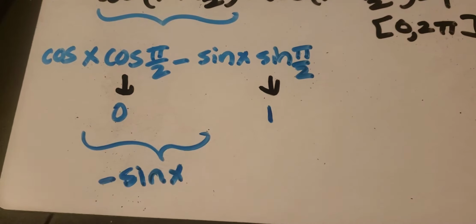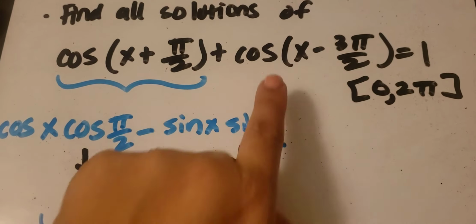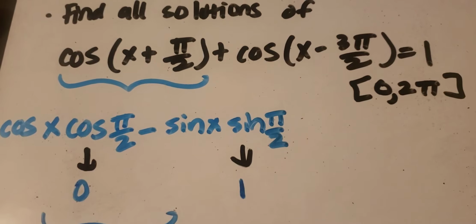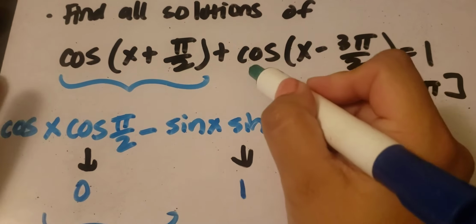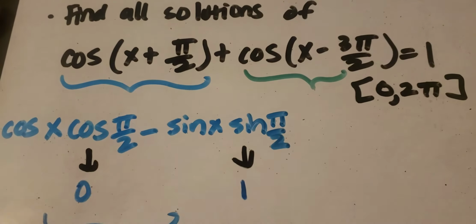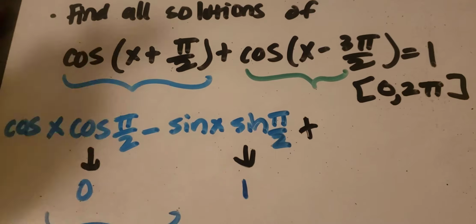So that's that. Now we're going to work with the difference of cosine. Let me grab a different marker for that one. I'm going to do that one in green so we can keep track. I'm going to write plus here because we're going to simplify that side, but we are going to be adding.